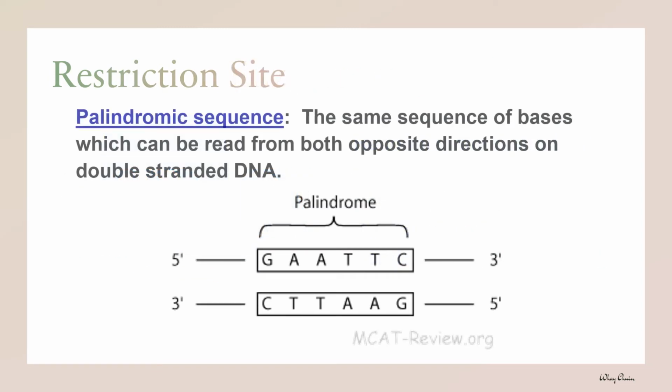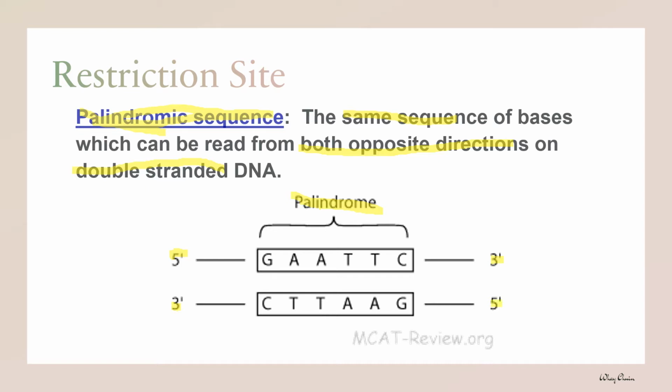Restriction site yang dikenal pasti oleh restriction enzyme bukan sahaja short base pair sequences, but they are also palindromic sequences. So apa maksudnya palindrome? It means that if we read the base sequences, they show the same sequence from both opposite directions. Because DNA molecules are double-stranded, they have two strands arranged in anti-parallel form, 5' to 3', and the complementary strand is 3' to 5'.